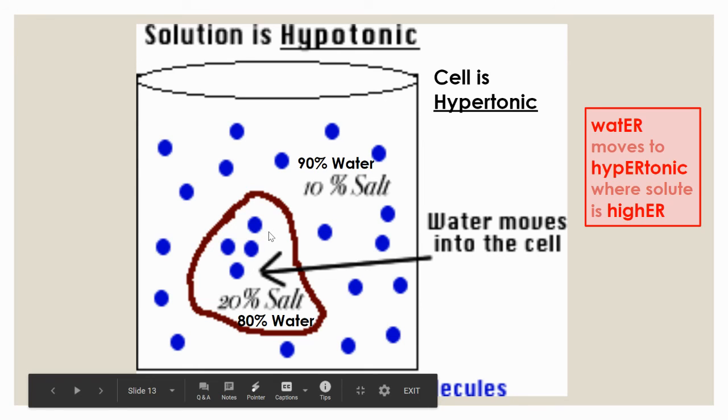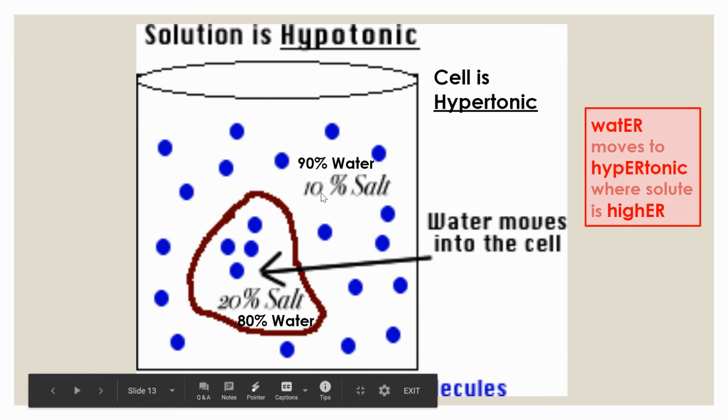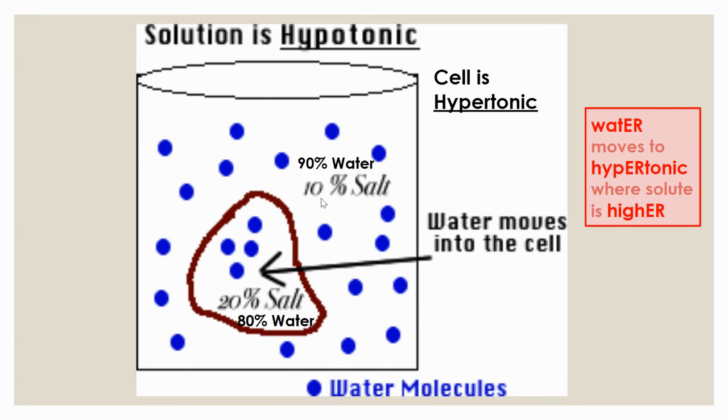So we can label these hypertonic or hypotonic based on their percentage. And 10% is low compared to 20%. So this solution where there's 10% salt would be considered hypotonic. Hypo is low. The cell had 20% salt, which is a relatively high concentration of solute, and 20% is higher than 10%.